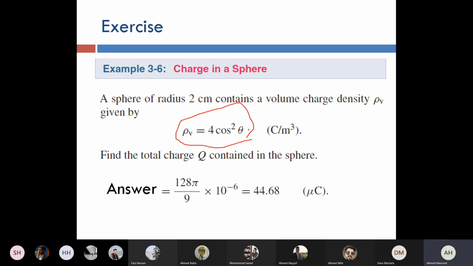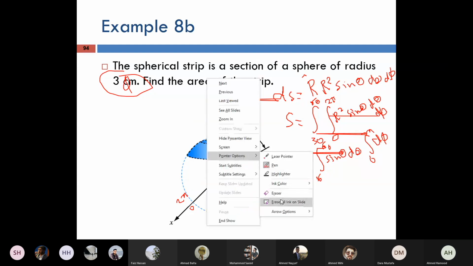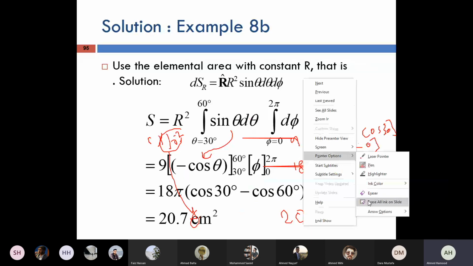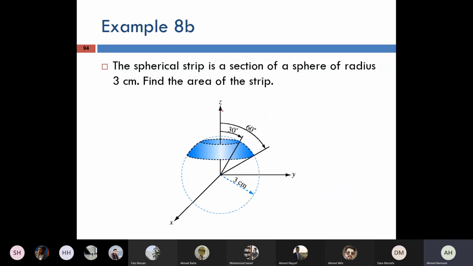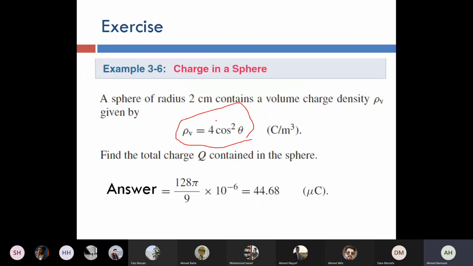This is exactly the same as this one. You use the same equations here, okay? But what we have here, instead of 1 you have 4.